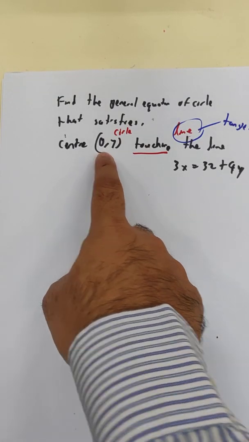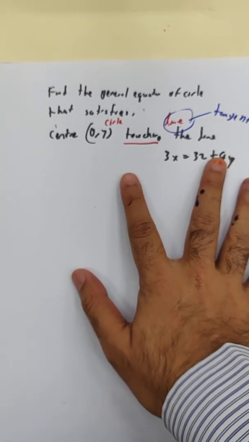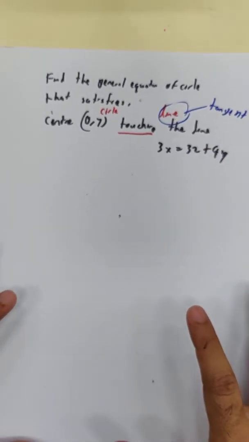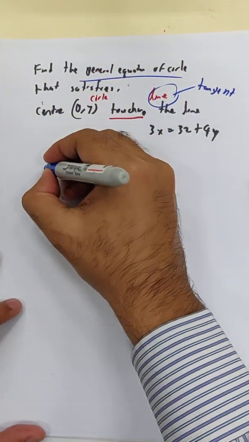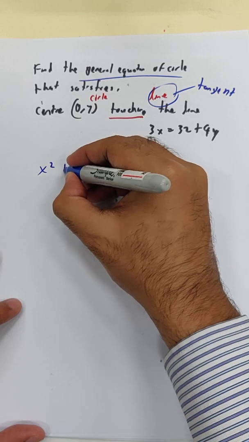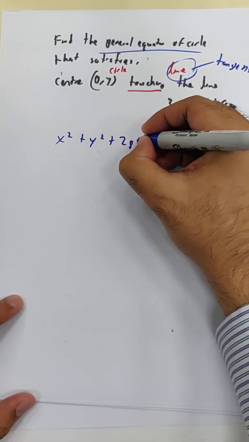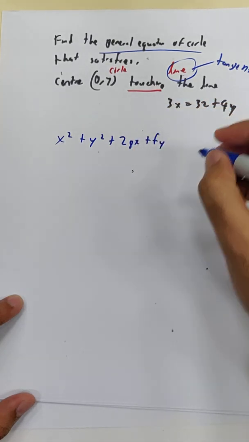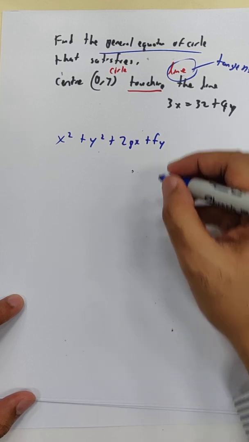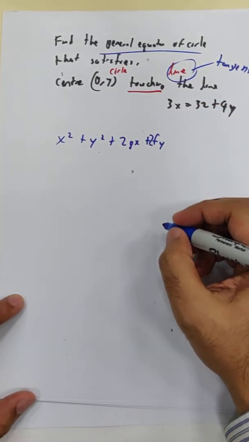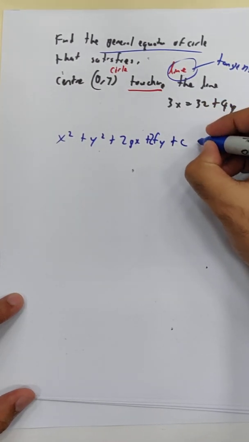You got center, and we want to find it. Do you remember general equation of circle? What is it? x squared plus y squared plus 2gx plus 2fy, sorry, my hand didn't write down, plus c equals to 0.